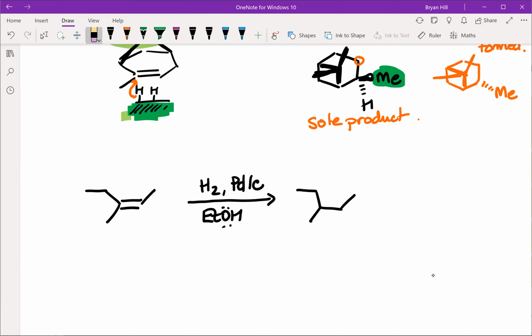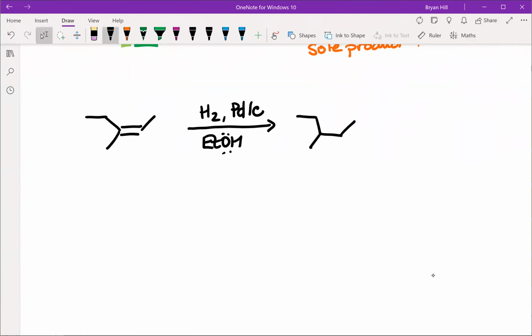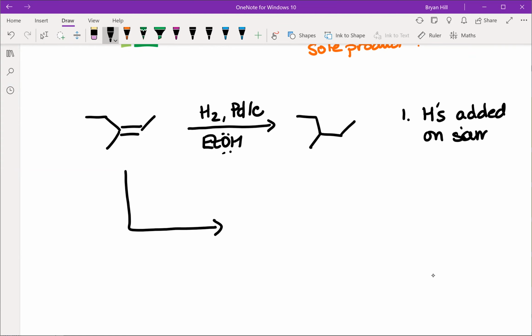So rather than drawing it like this, the question I would ask, because the key point here is that there's 2 key points. One, H is added on the same side. That's one point.